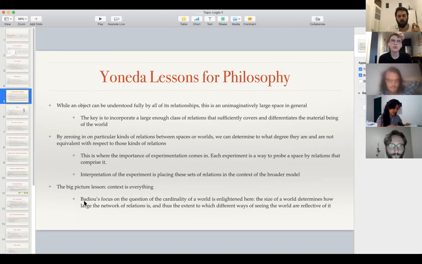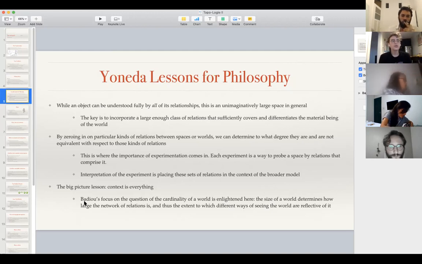Not so much in Logics of Worlds, but later when he talks about ultrafilters in the section in Immanence of Truths, it comes back, the whole question of the size of the world and determining the size of infinities.